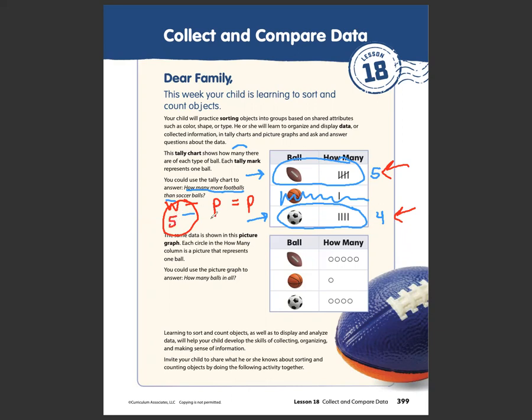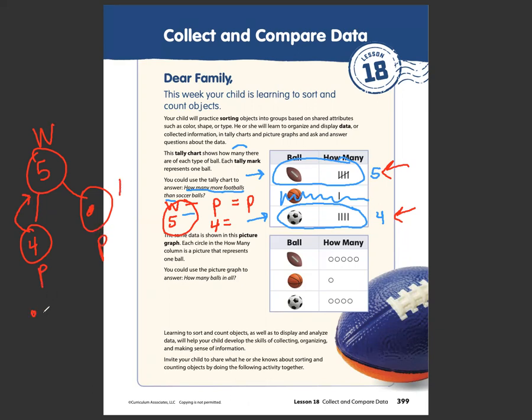So 5 take away 4 equals, we know this is a whole, and 4 is a part. We can count on from the part we know up to the whole, right? 4, count up to 5, 4, 5. The difference is 1, right?